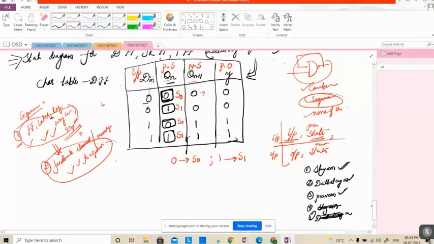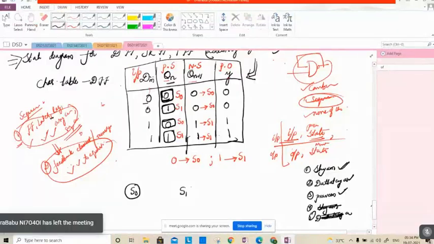Is this S0 or S1? This is S0. What about this? This is also S0. What about this? S1. Yes, this is S1. So you have been given some naming conventions over here. So 2 states are present. One is S0, another is S1. These are the two states.